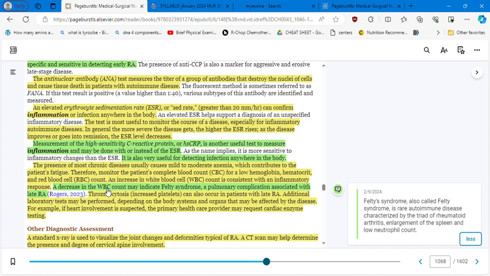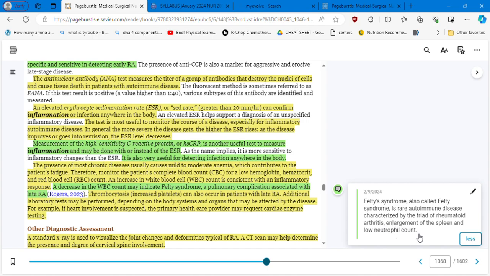But this statement here is very generalized because really what is low is the neutrophil. Okay, so probably the WBCs are going to be low, but if you consider neutrophils, lymphocytes and monocytes, you're going to see the big difference in the neutrophil count.